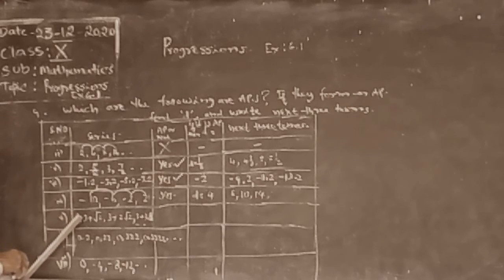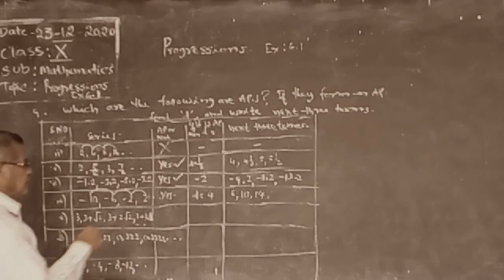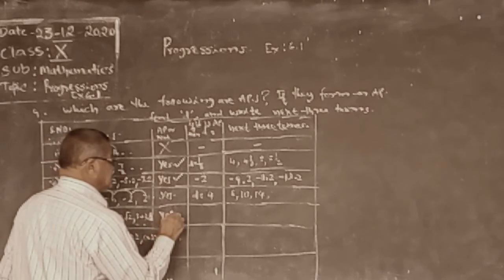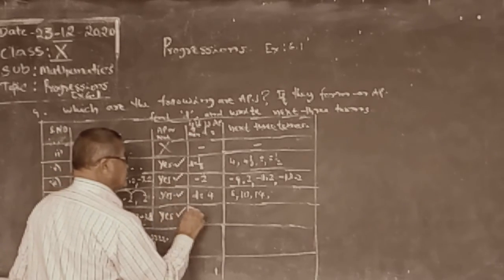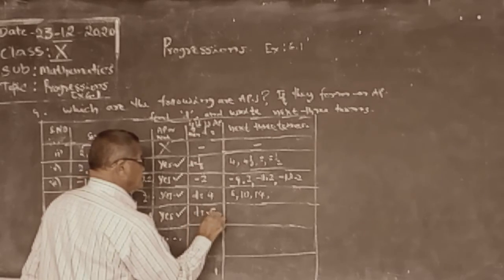This is 3, 3 plus root 2. Root 2 is added. Root 2, root 2, 2 root 2. Again adding root 2, 3 root 2. So here, yes, this is an arithmetic progression, the difference is root 2.